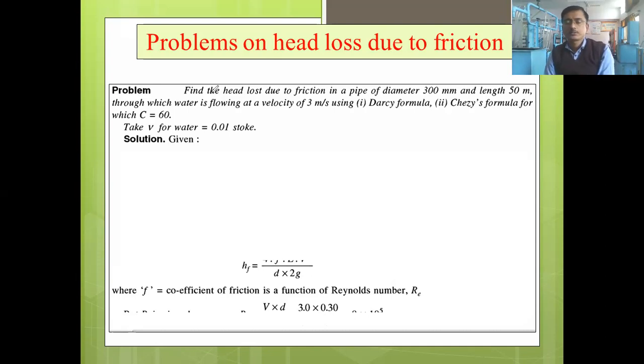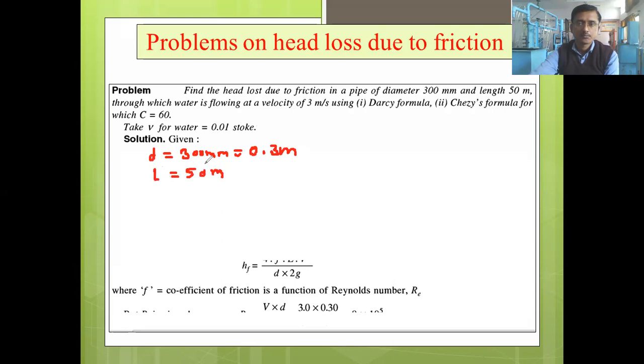How to solve it? First of all, write down the given things. Given: diameter of the pipe D is equal to 300 mm or 0.3 meter. Length of the pipe L is equal to 50 meter.